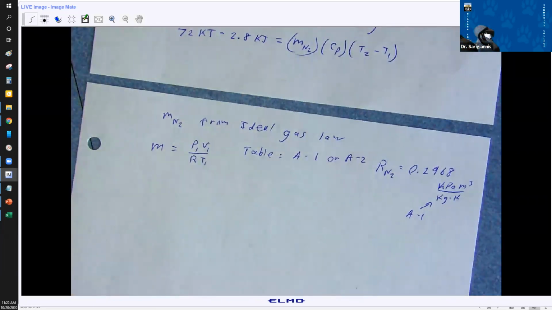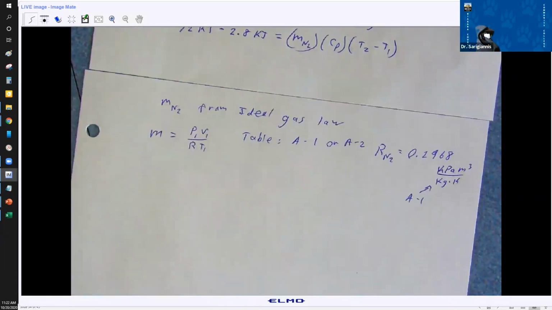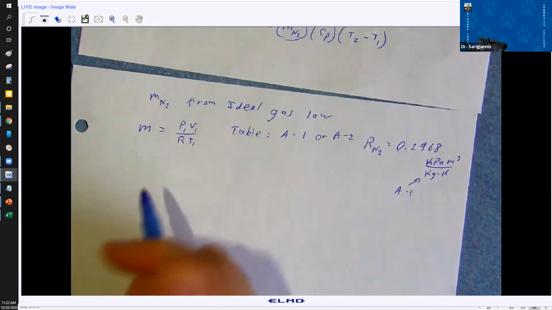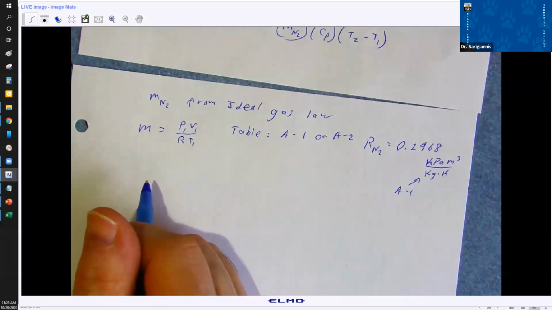I don't know why they reported it in kilojoules. There's really no reason to do that. Typically, you use the gas constant in the context of pressure and volume. I really don't understand the reasoning why they did that. All right.